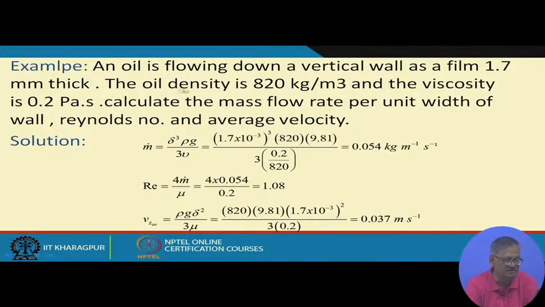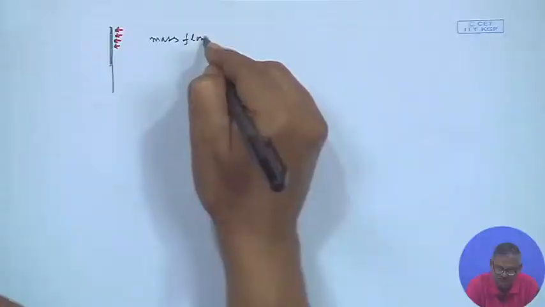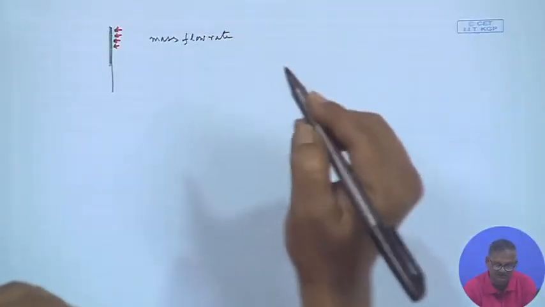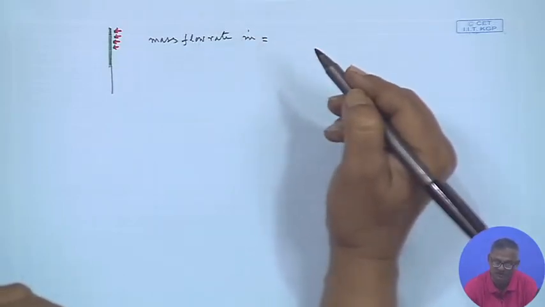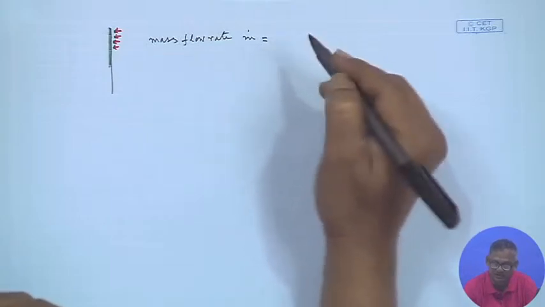Density of the oil is 820 kg per meter cube and the viscosity is 0.2 Pascal second. Now, calculate the mass flow rate per unit width of wall, Reynolds number and average velocity. If this is the case, then the mass flow rate, as you remember, was m dot, and we could find it from 2-3 relations we had.